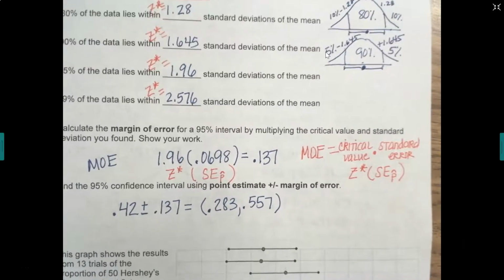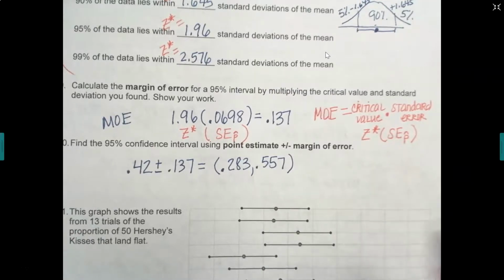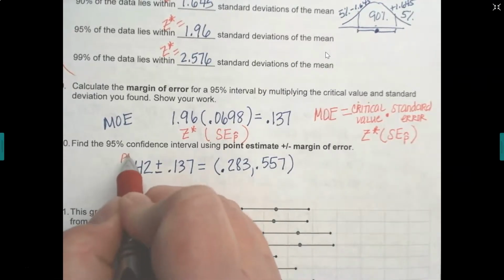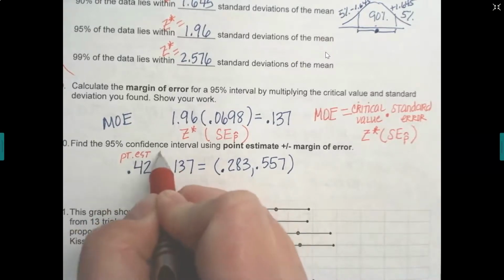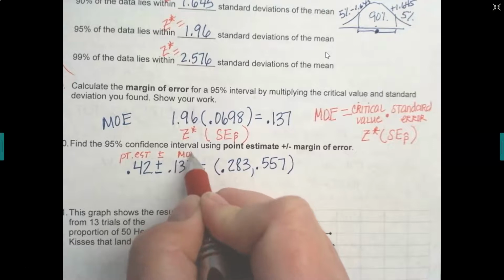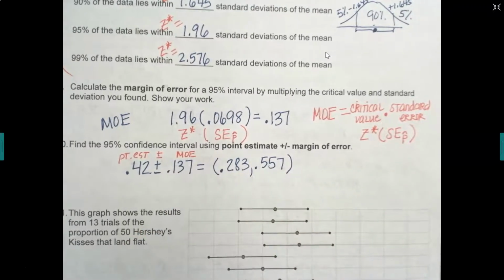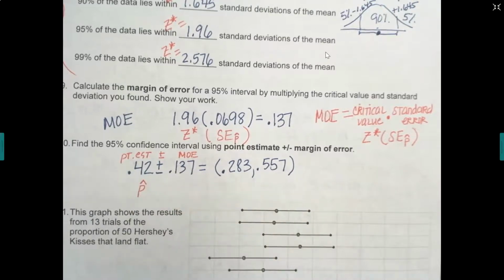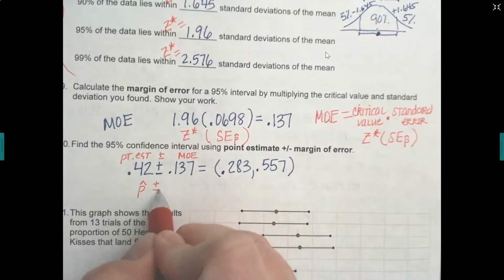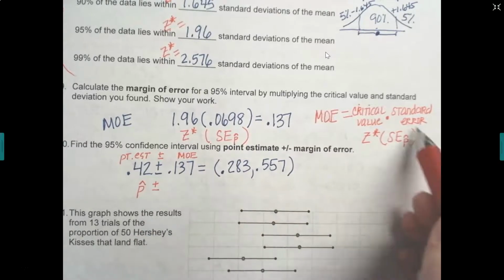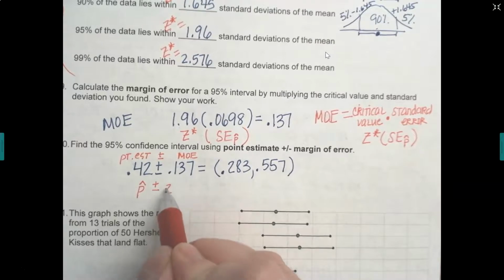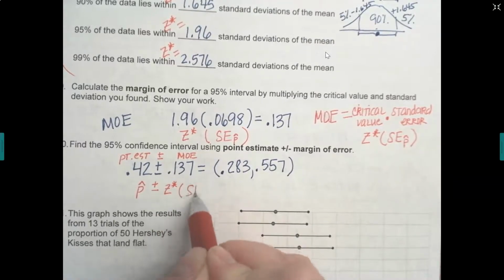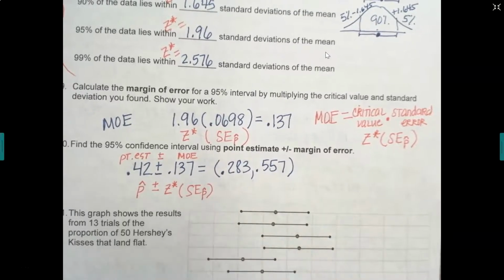To get the actual interval, you need to take your point estimate and add and subtract your margin of error. Okay? And so what that looks like in symbology, in this case, this is a proportion, so we represent it with p hat. And we added or subtracted, and I'm going to go ahead and put how we got our margin of error, which is Z star times the standard error of the sampling distribution of the proportion.